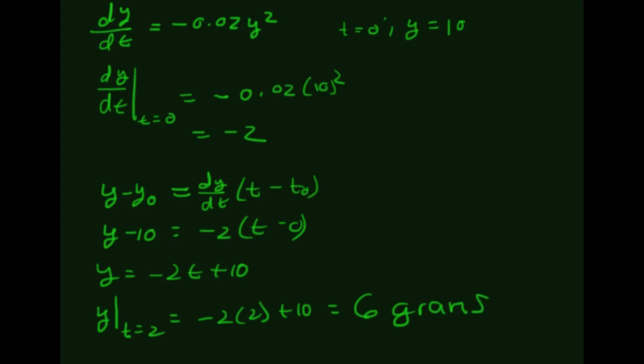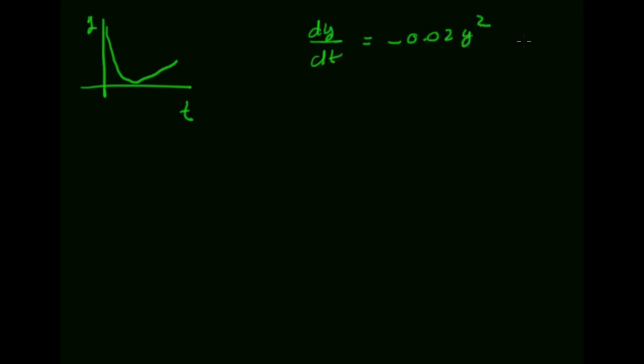Let's look at part B. Part B gives me this picture with this being the y-axis and this being the t-axis of some sort of hook here, and asks, can this be the graph that solves this differential equation? Well, here's the thing. dy/dt is equal to negative 0.02 times y squared.